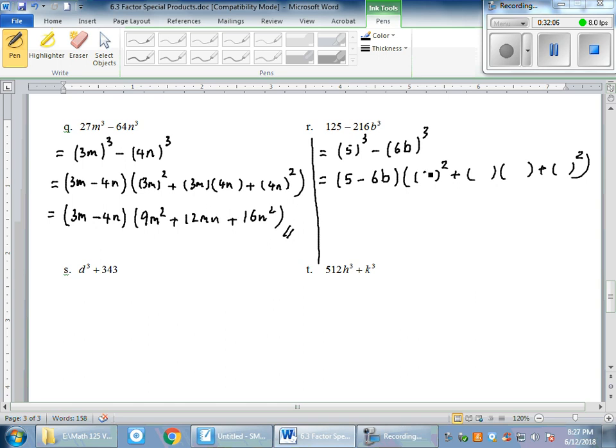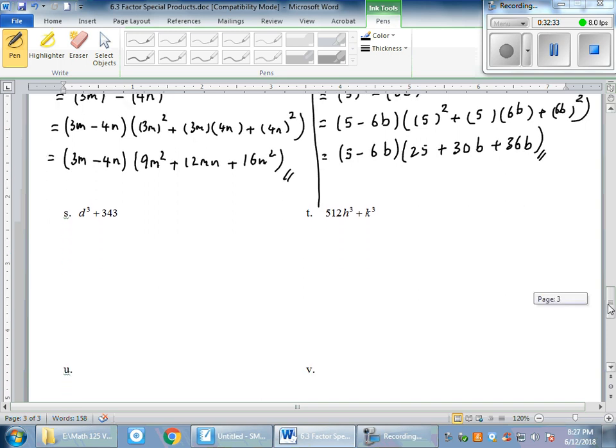So this will be 5 times 6b, and then 6b squared, which will become 5 minus 6b, and then 25 plus 30b plus 36b squared. That will be our final answer. So this is difference of two cubes.